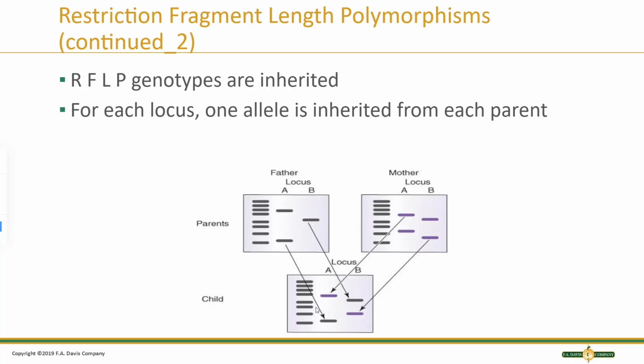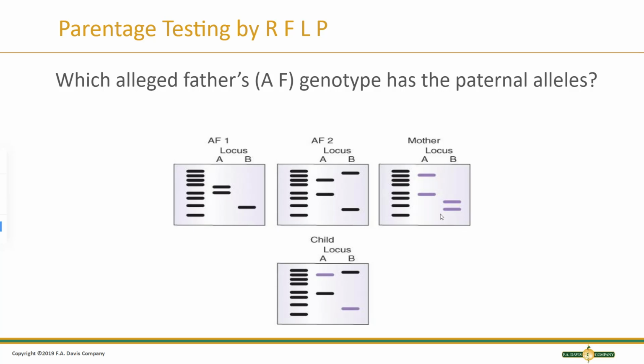So all of the baby's bands have to be part of either the father or the mother. Which alleged father's genotype has the paternal alleles? Well, in real life, these aren't going to be color-coded. So you would go through them, start by looking at the child's, and account for all of the bands by both parents.